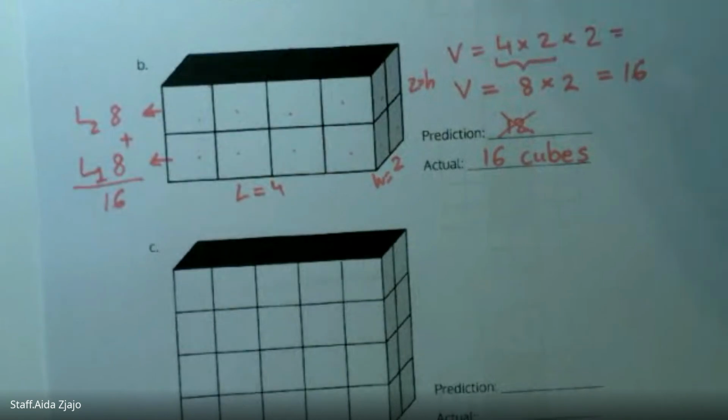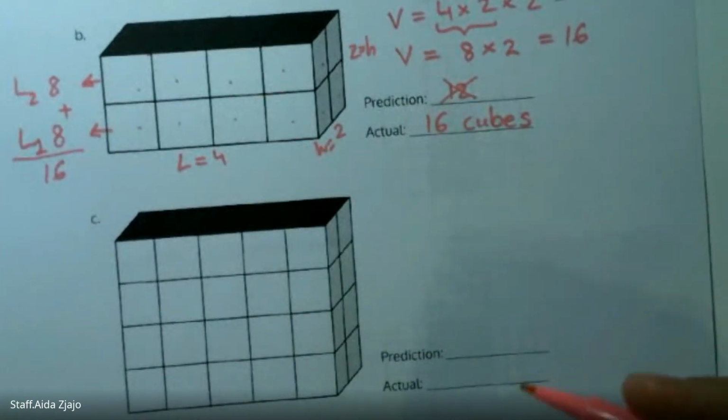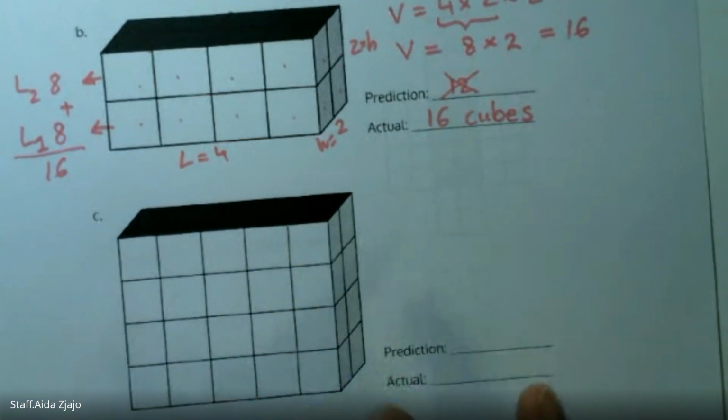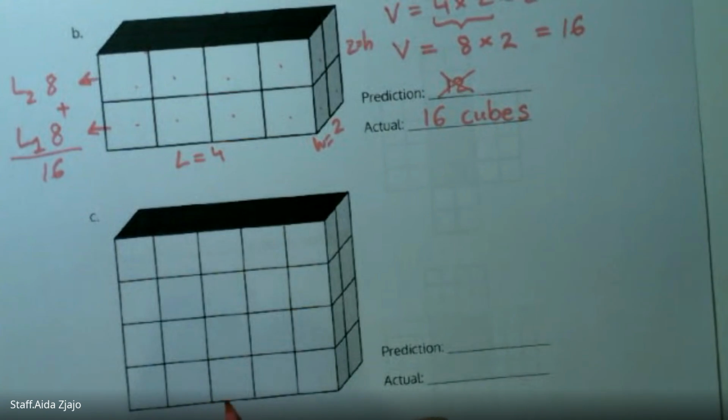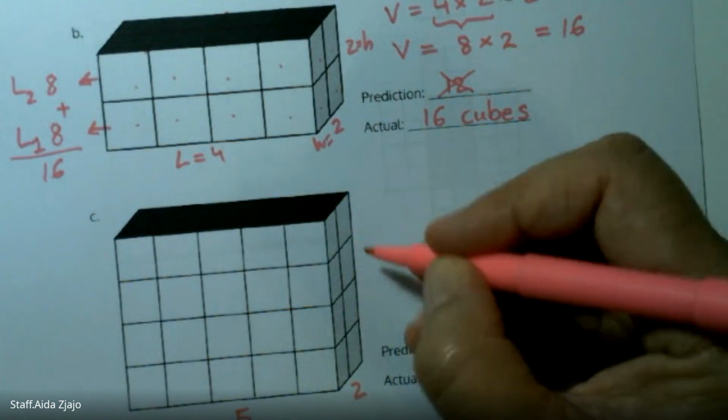I don't know, did I make that one? I will figure it out. So if you do a prediction, you can try to see 1, 2, 3, 4, 5 by 2, and 1, 2, 3, 4 by 4.